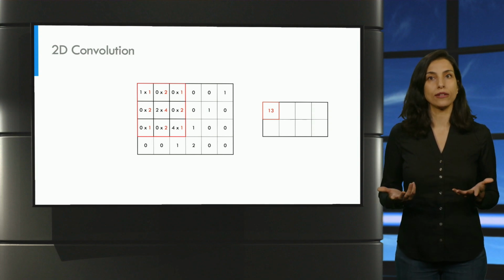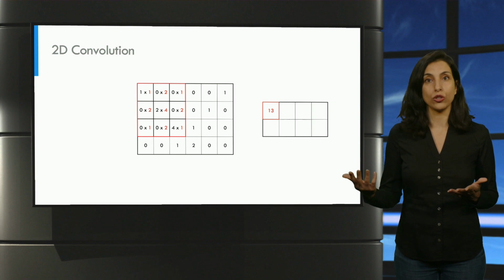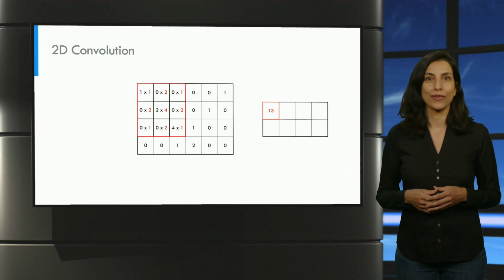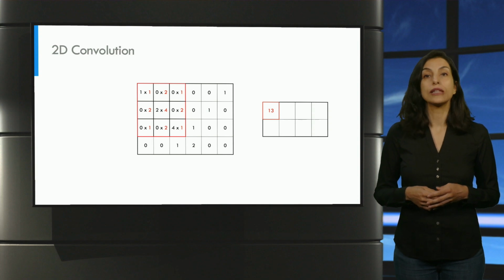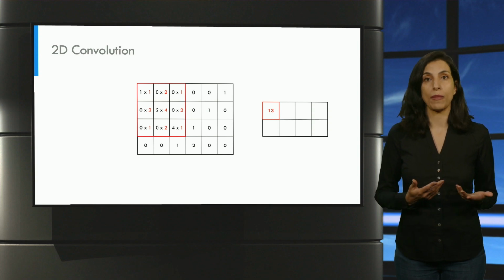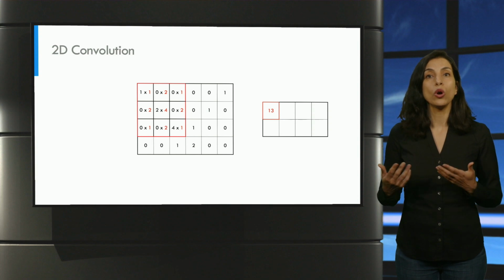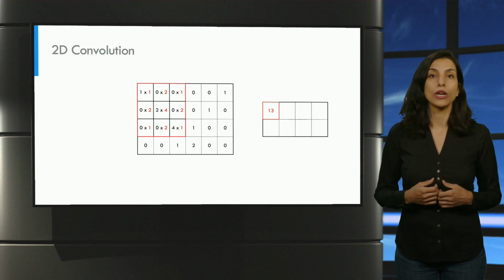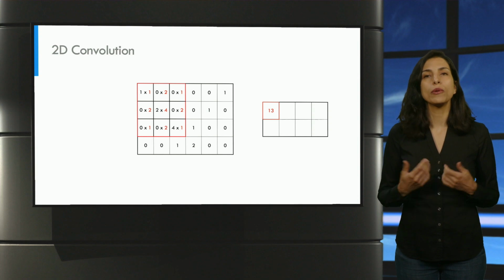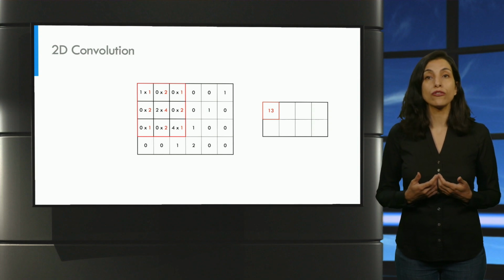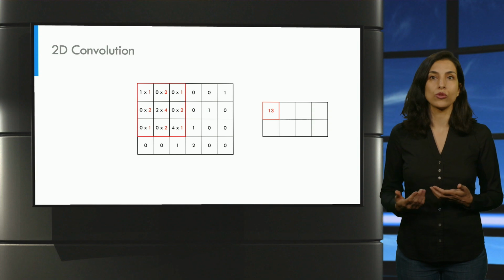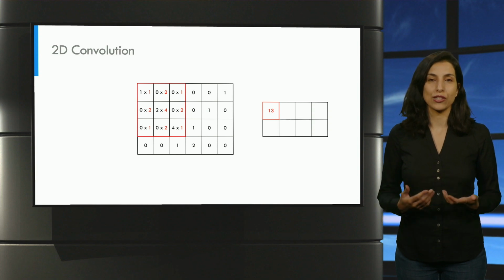The feature is generated by summing up the 9 values in the red window that are adding up to 13 here. Therefore, the first value in our feature map, that is the 2x4 array, is 13. By repeating this operation, we can fill up other feature values in our feature map as follows.